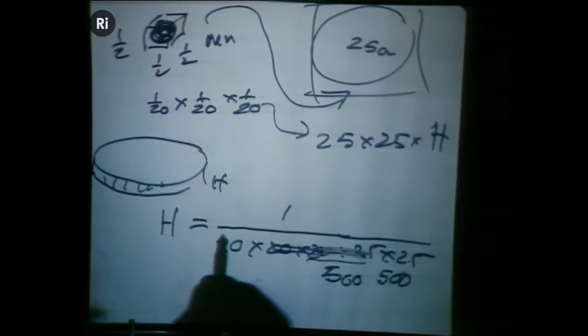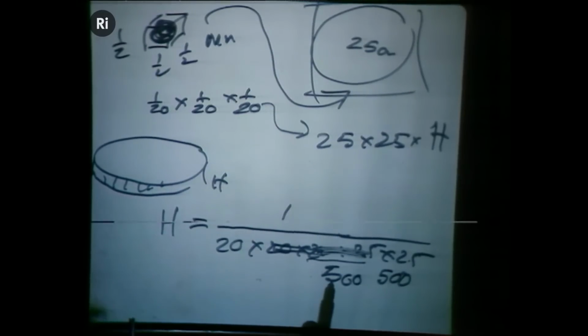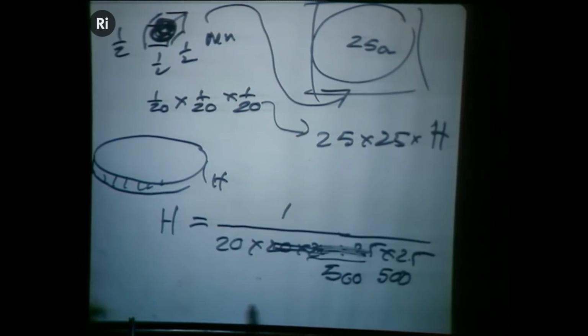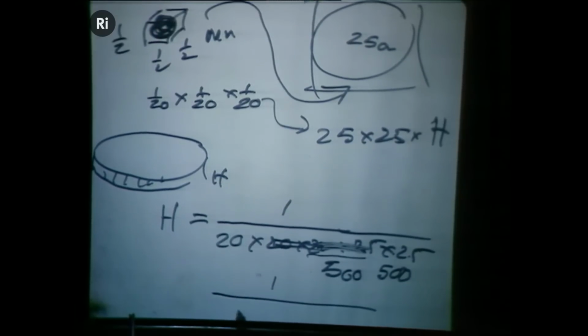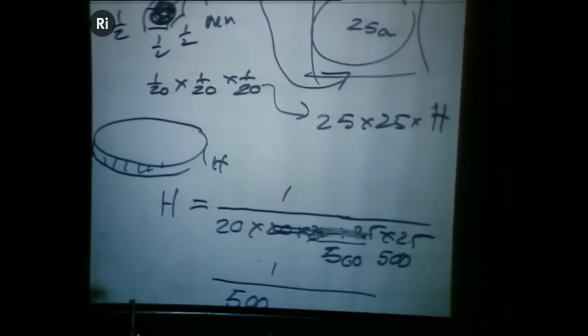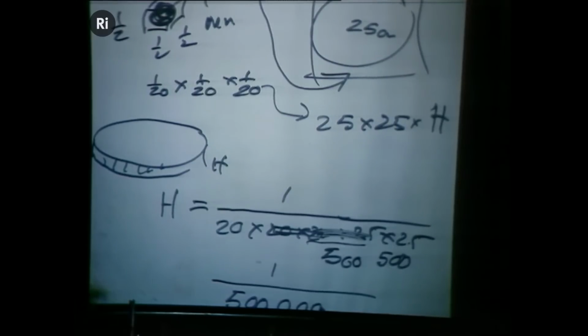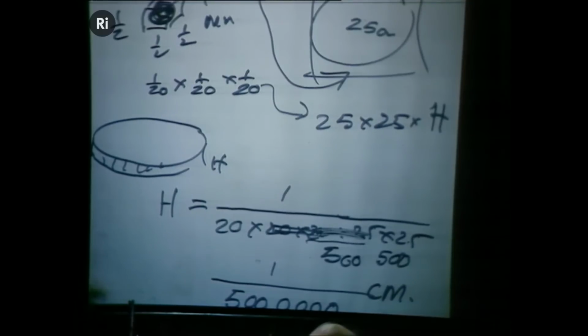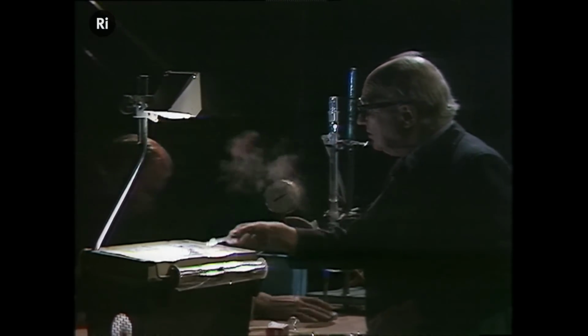And we're left with one more 20. And so we'll say 20 times that is 5,000, 10,000. So it's 1/10,000 of a centimeter. That's the height of one molecule.